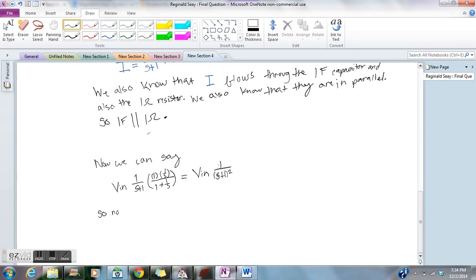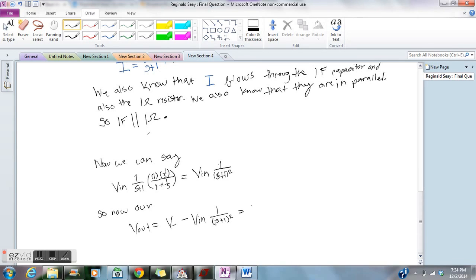Okay, so now that we have that, our V out, which is the voltage exiting the circuit, is equal to V minus minus V in times 1 over S plus 1 squared.